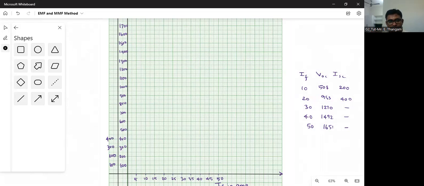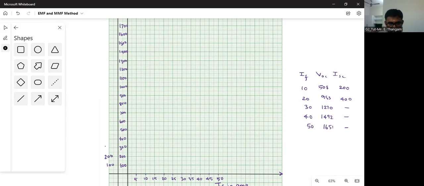Or we could take 50, 100, 150, but it is better to have 100, as it is easy for us to plot a curve.